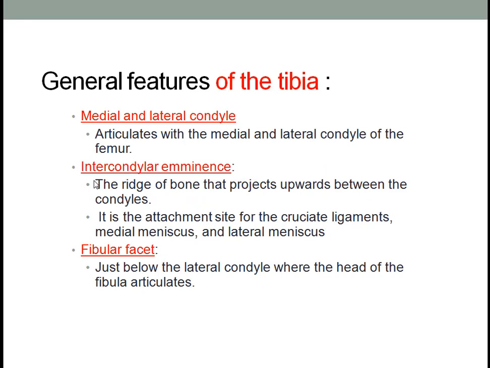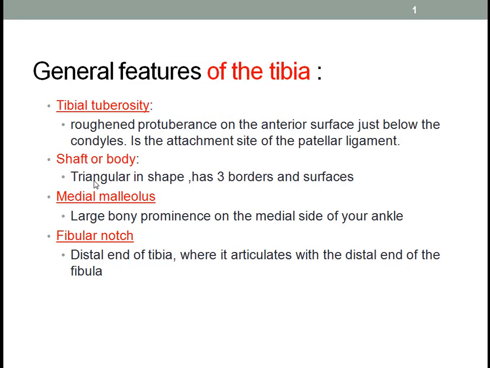About the tibia, we have the medial and the lateral condyle. We have the intercondylar eminence between these two condyles, and we have the fibular facet just below the lateral condyle, which is the articulation of the fibula.